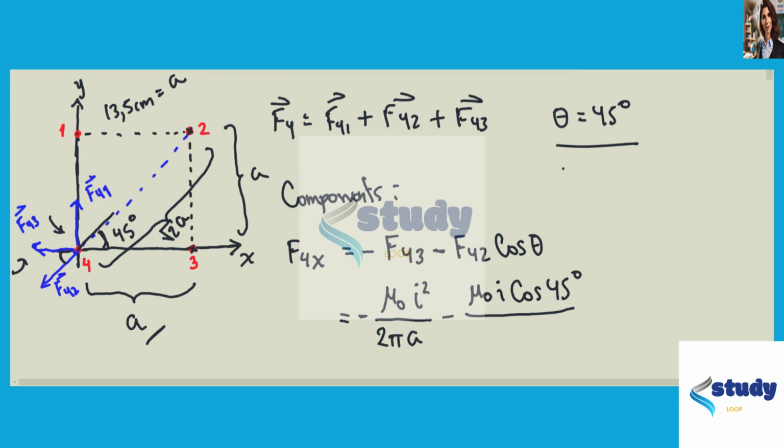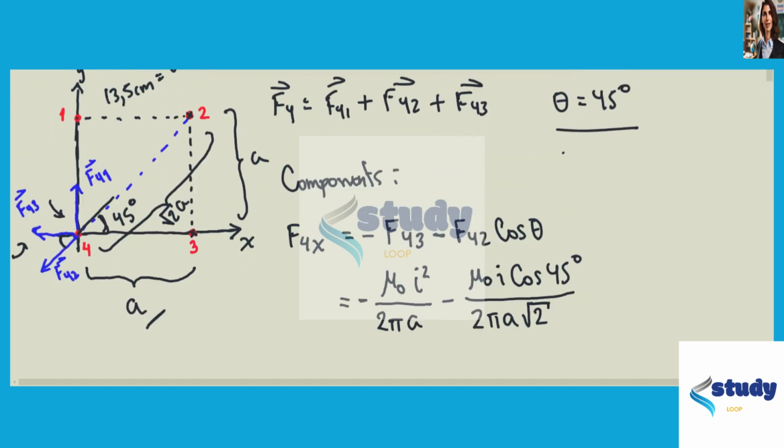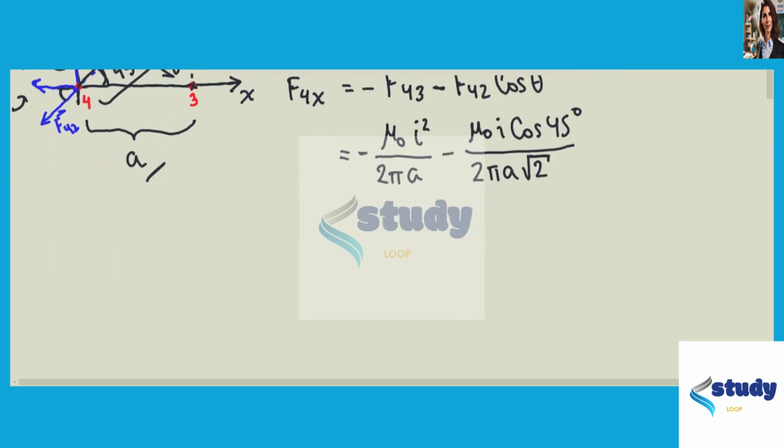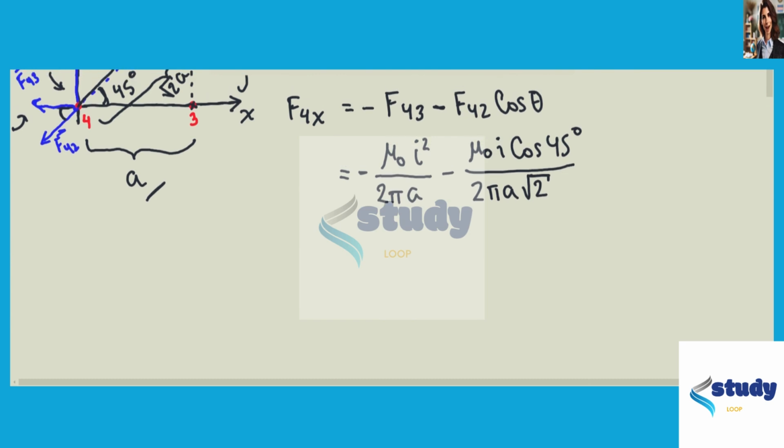And that's the thing that we are going to put in here. So that is 2 pi times the square root of 2 times a. So this is what we have for the x component of the force acting on the wire 4.